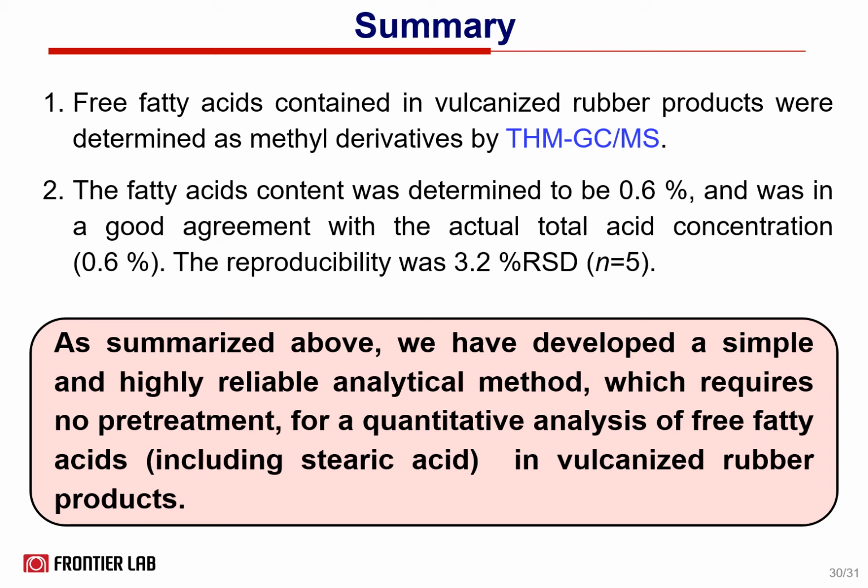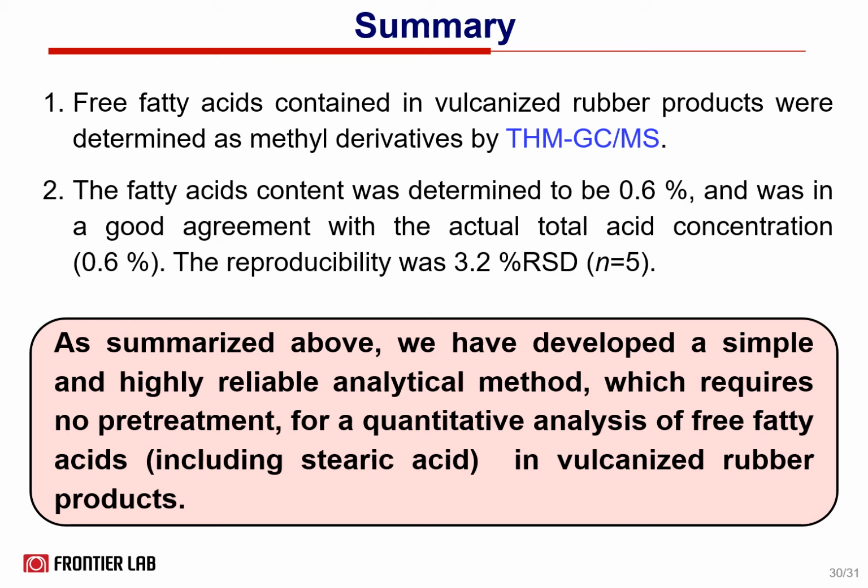This is the summary. First, free fatty acids contained in vulcanized lava products were determined as methyl derivatives by Py-GCMS. Second, the fatty acid content was determined to be 0.6% and was in good agreement with the actual total acid concentration of 0.6%.